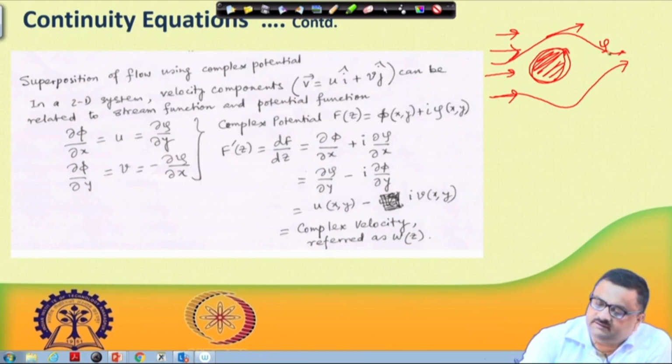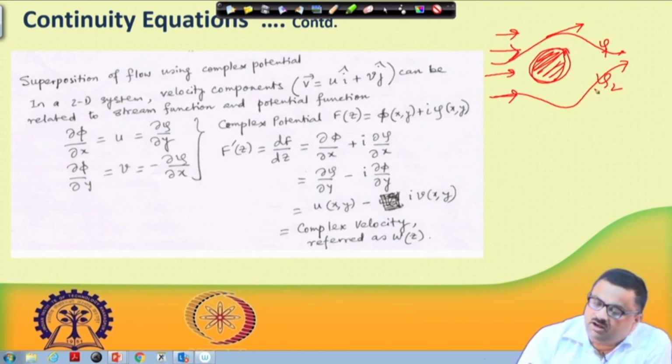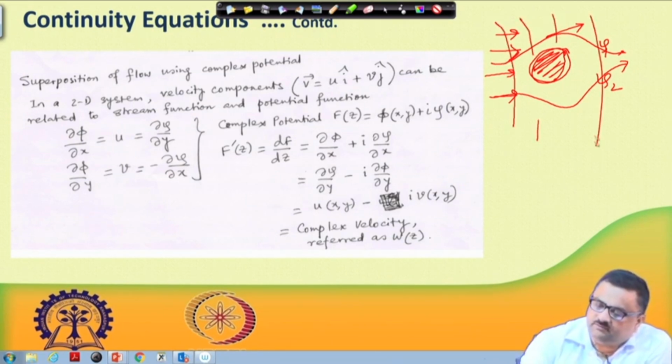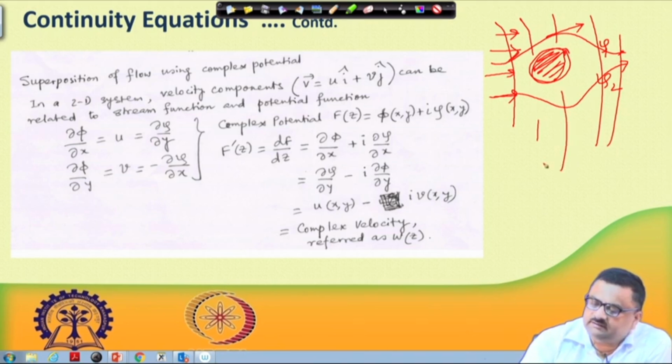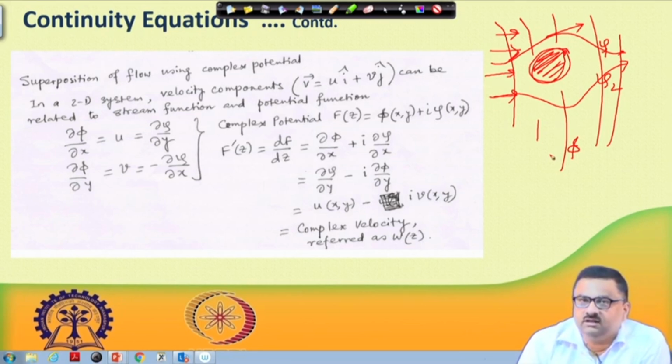So, this has a stream function value of psi 1, and this has a stream function value of psi 2. By the same token, we can find the potential lines. These would be the potential lines, along which the potential function phi is constant. So, these are the concepts of fluid mechanics.